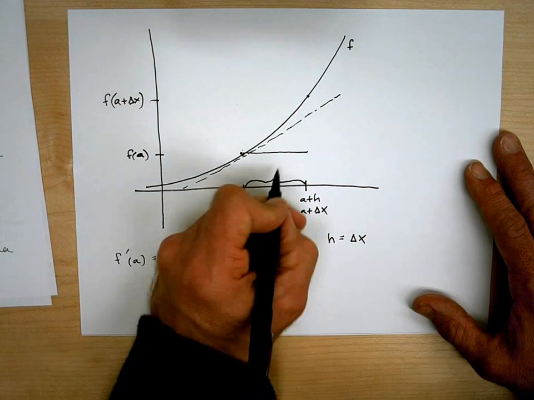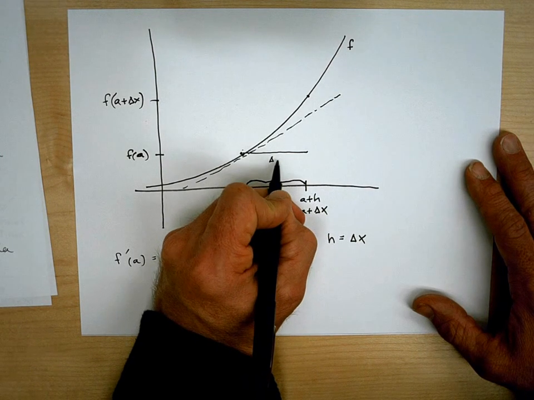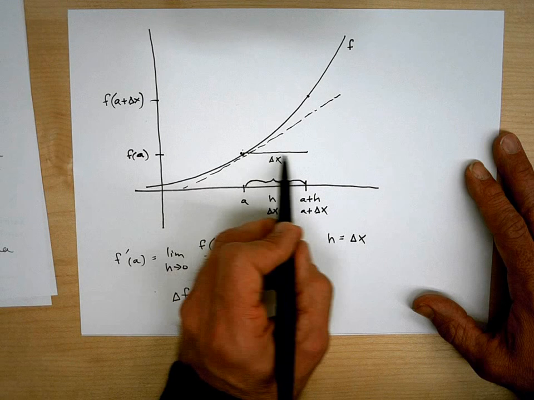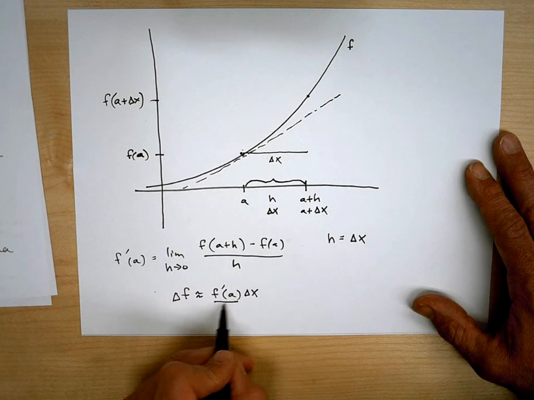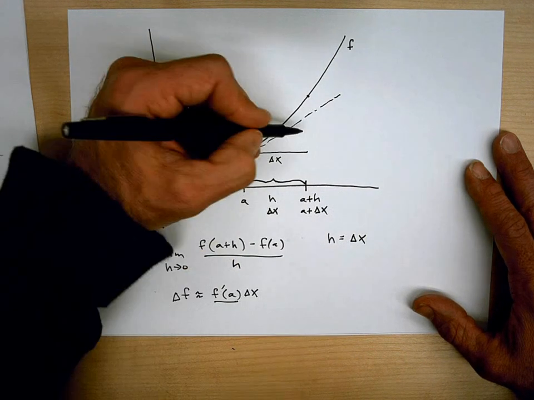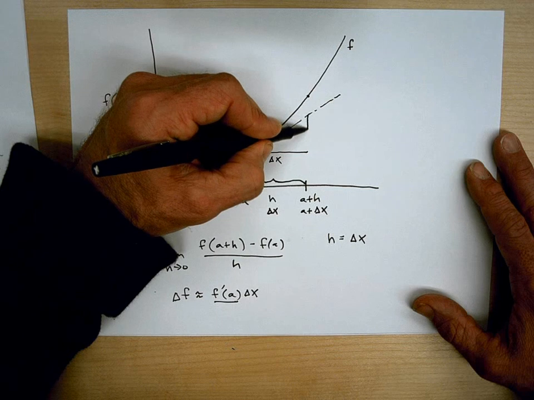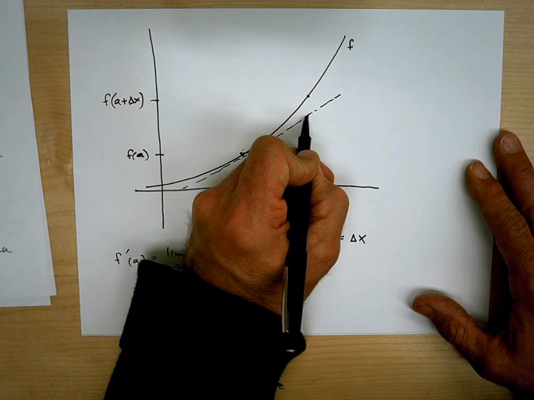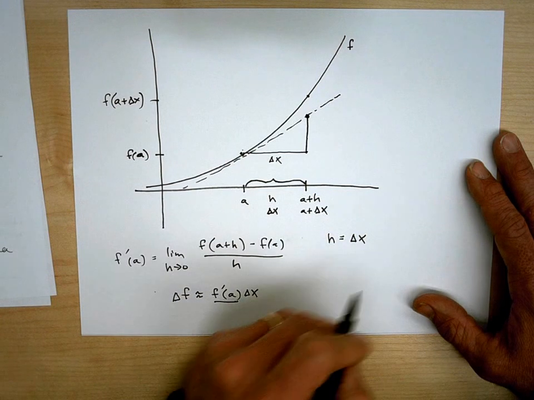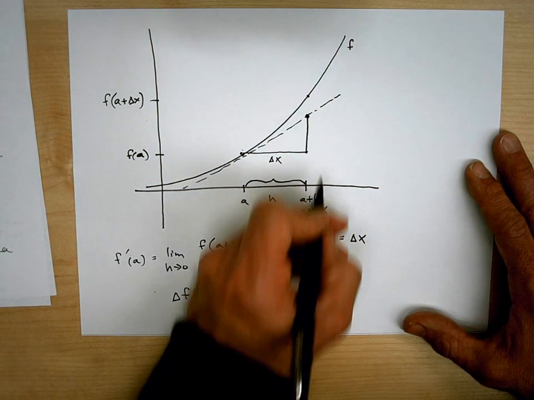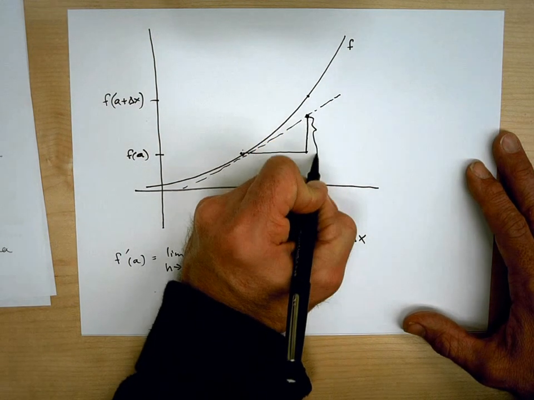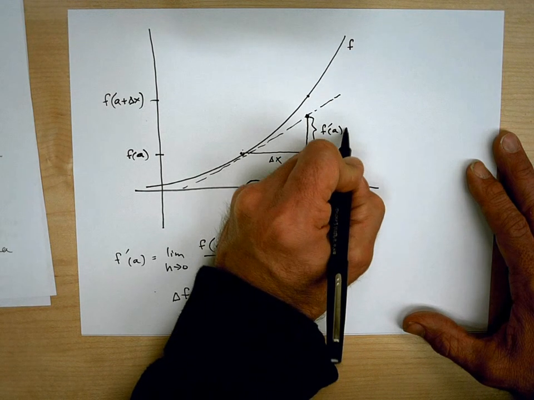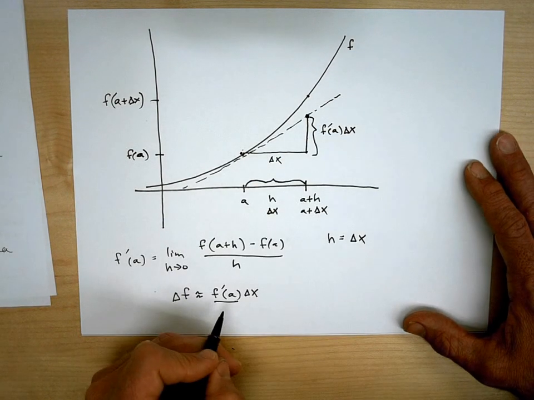If we multiply that by the slope of the line, then hopefully it makes sense that we should end up basically up here. And so this vertical distance is f prime of A times delta x.